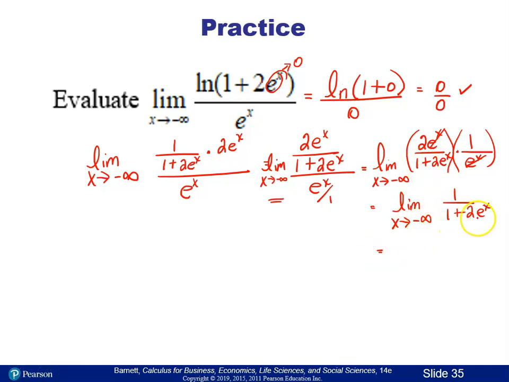As x goes to negative infinity, that means this would be e to the negative infinity, and basically that is going to 0. 2 times 0 is 0, so I end up with 1 over 1, which is just going to be 1. Except I dropped a 2 here that I do need to continue to bring down, so instead of 1, it's going to be the 2.